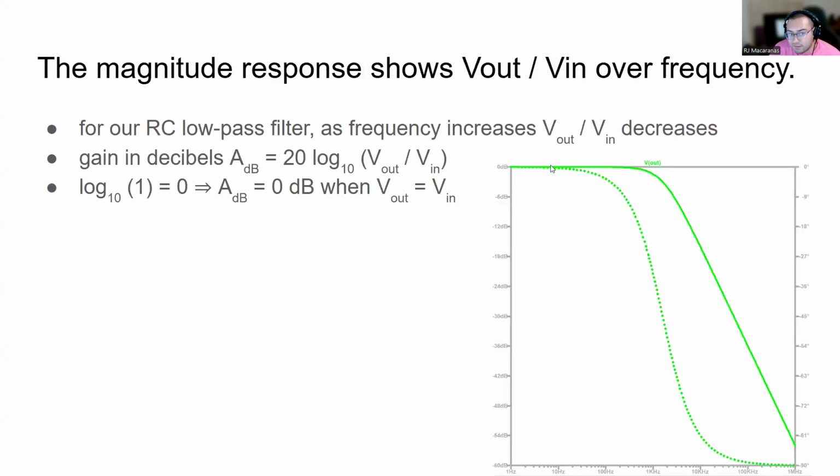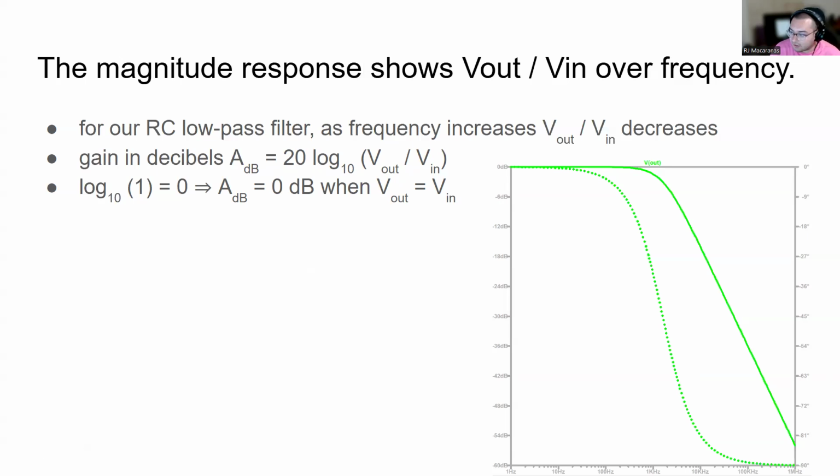And so here at 0 dB, for example, we've got the case where the output is equal to the input, right? Because the gain in decibels is 20 times the log base 10 of the ratio of the output to the input. If the output is equal to the input, right, Vin is equal to Vout, this ratio becomes 1. And log base anything of 1 gives me 0, right?